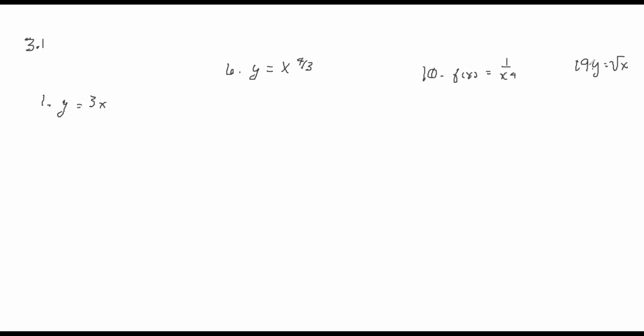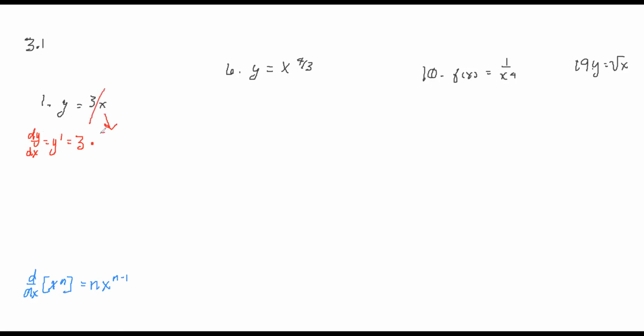The power rule essentially says that if I take the derivative with respect to x of x to the n, then this is going to be equal to n times x to the n minus 1, which you can see put into practice in number 1. We're going to make this dy dx, which is the same thing as y prime, equal to 3 times the derivative of x.